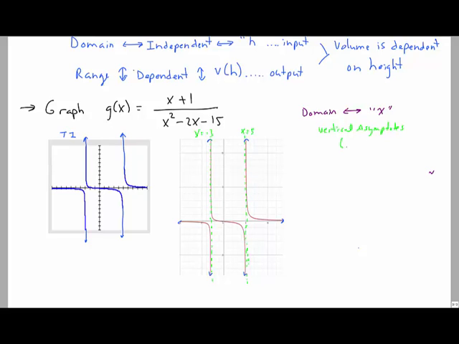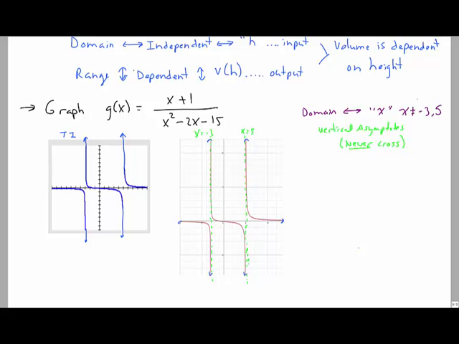Vertical asymptotes are these dotted lines that you never cross. The graph never crosses these. It gets closer and closer to these, but never quite crosses these. And so for this particular case, for my domain, I can see pretty clearly here that x can be anything except -3 and 5. So that's an easy way to say the domain.